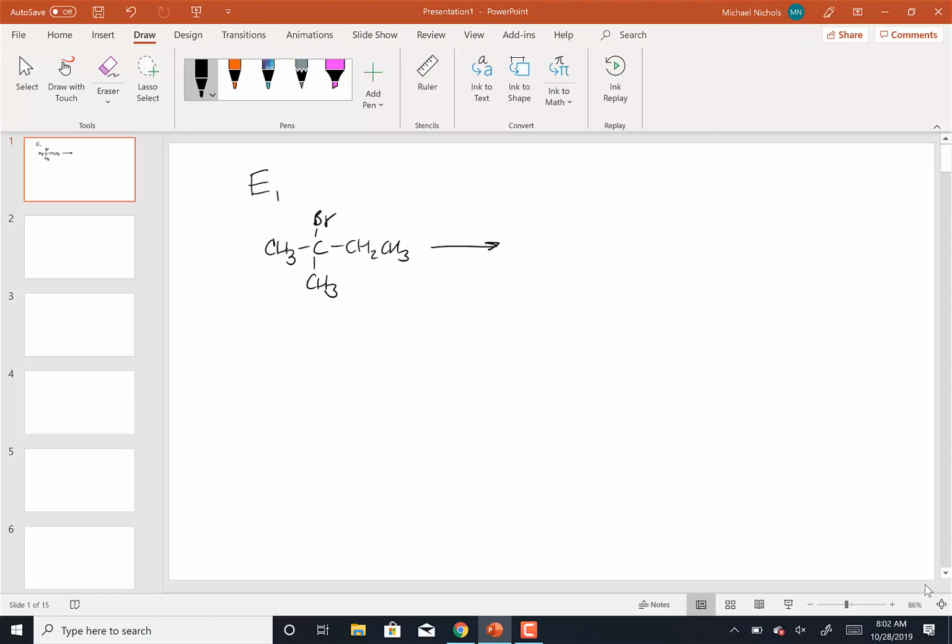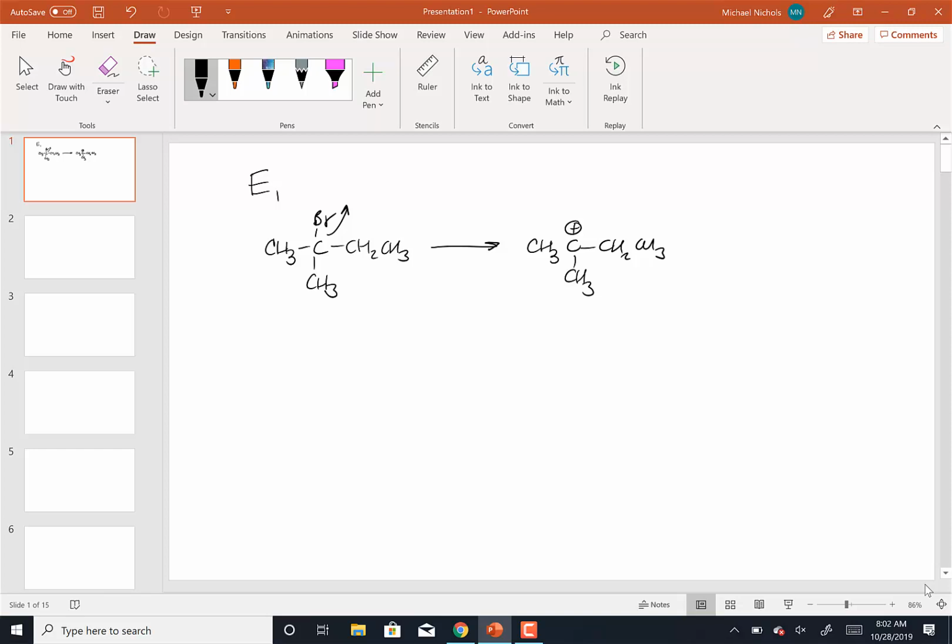Break the C-Br bond. So I break the carbon-bromine bond, and I would end up with the carbocation. And that is the rate determining step for either SN1 or E1.